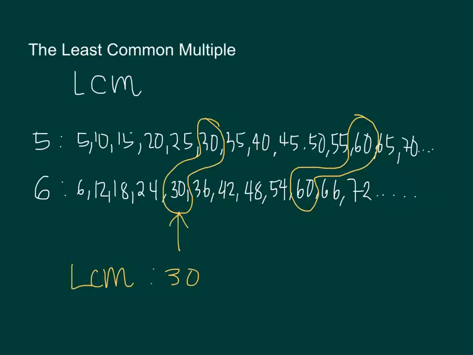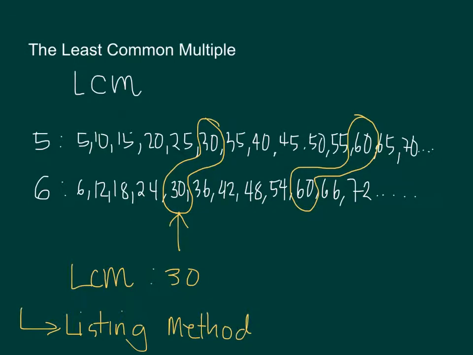So the first number or multiple that will be the same for both will be the least common multiple of the given numbers. Okay, so this particular method that we use here, since we listed the multiples of the numbers, is called the listing method. Okay, so you can always use this if it is possible for you to identify the multiples of the two numbers easily.